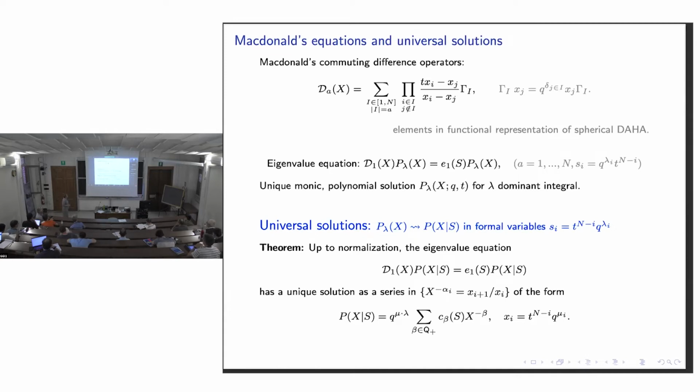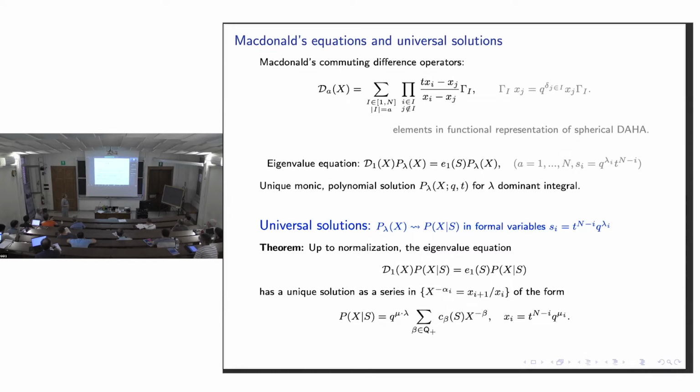And because D is a rational function, you can expand it in some direction. If I choose to expand in terms of xi plus 1 over xi, that's x to the minus the simple weights of SLN, I can expand this rational function as an infinite series in these variables.